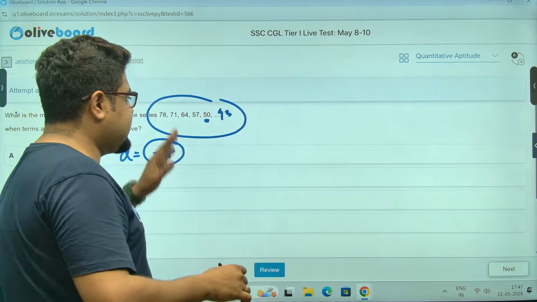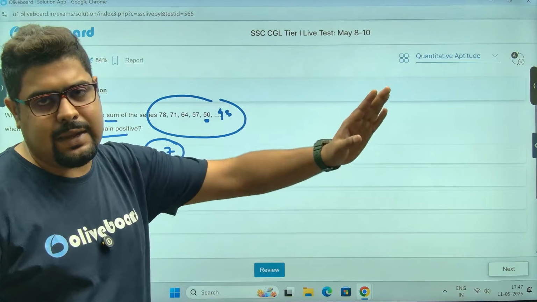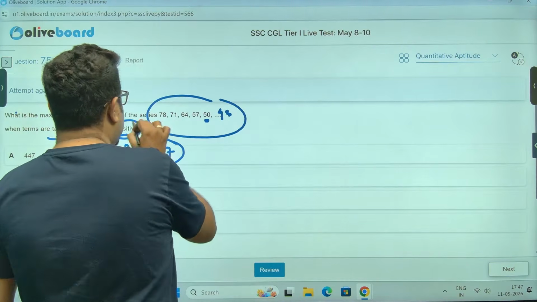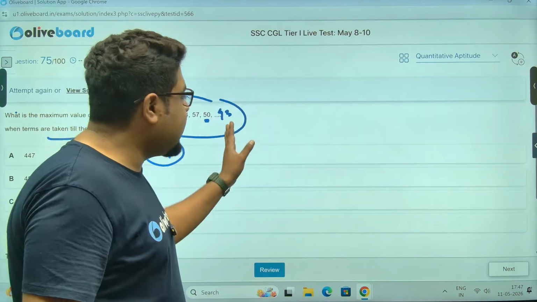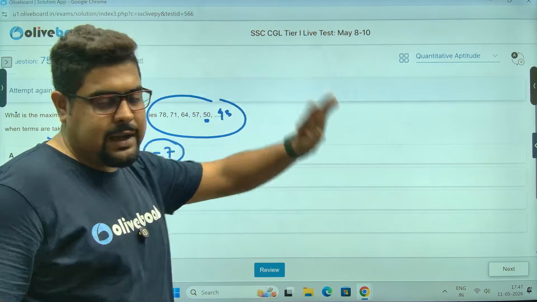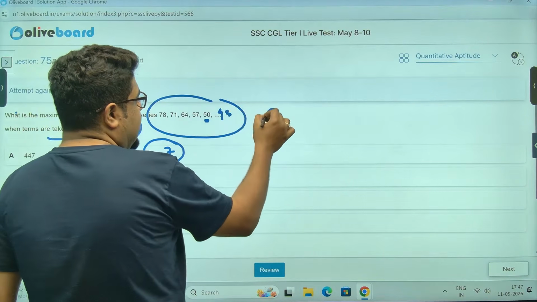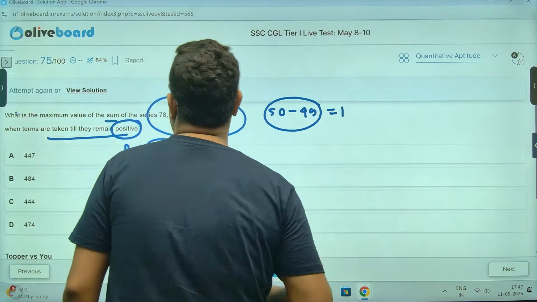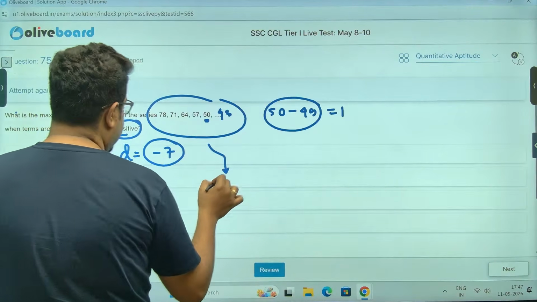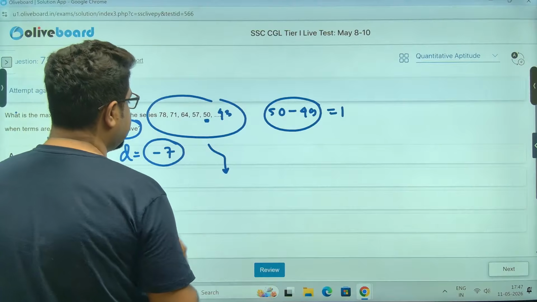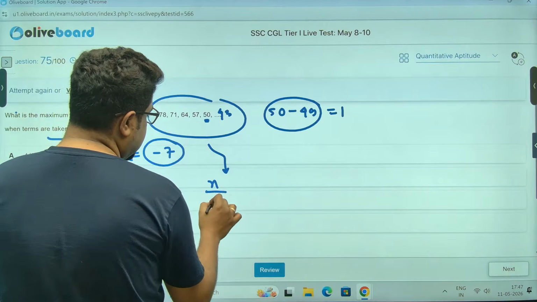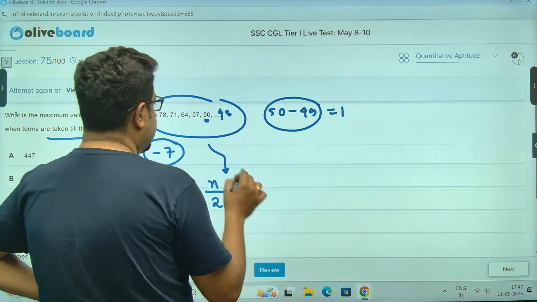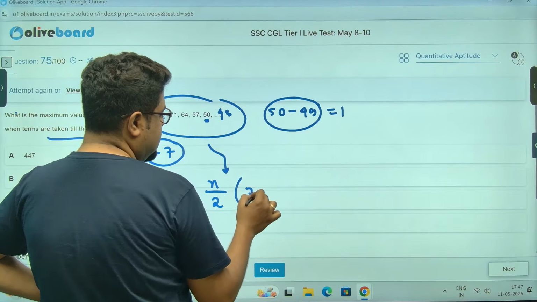Then 14 less, then 21 less, and so on. For it to stay positive, the maximum I can subtract is a multiple of 7, that is 49. So the last term will be 50 minus 49, which is 1, sir. So maximum sum will be n by 2 into first term plus last term.